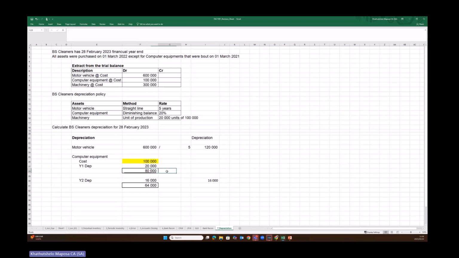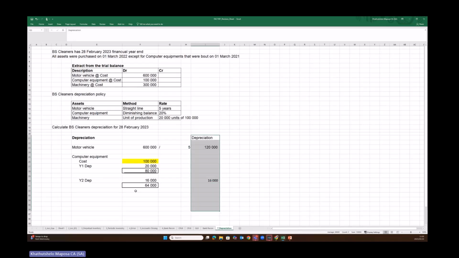Then you calculate the carrying value, or the asset balance, as at the end of that reporting period, which becomes the beginning of year 2, the current reporting period, and it's 80,000. Depreciation for year 2: you take 80,000 times 20%, which is 16,000. Then you also calculate another balance at that point. Since we are now on year 2, our depreciation for this year is 16,000 rands.